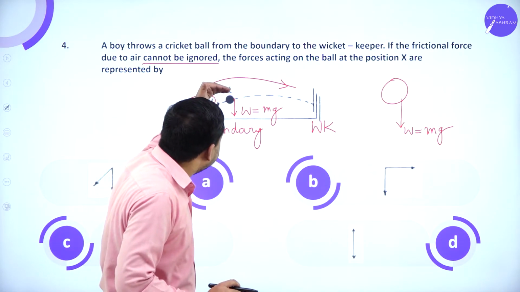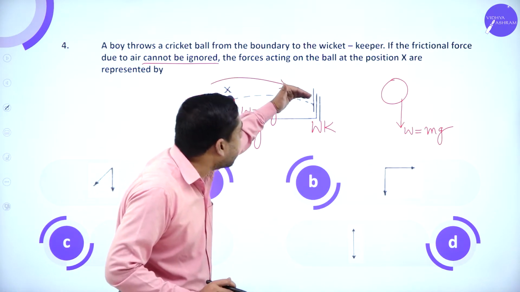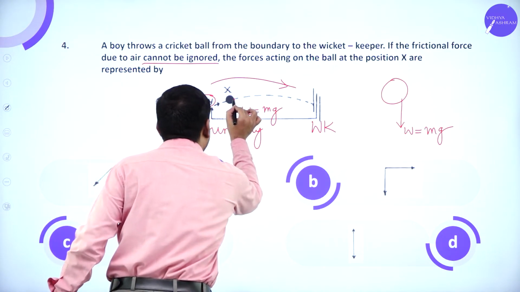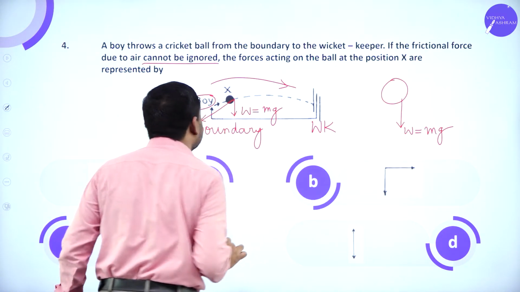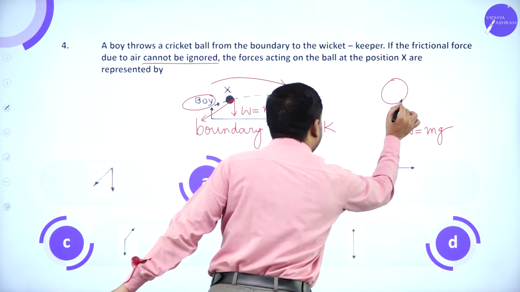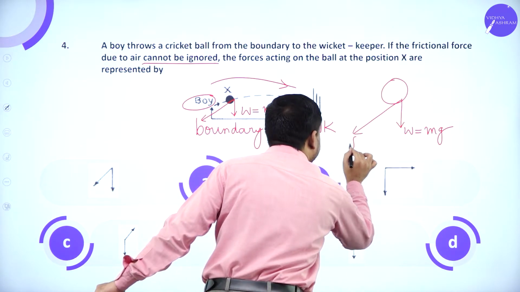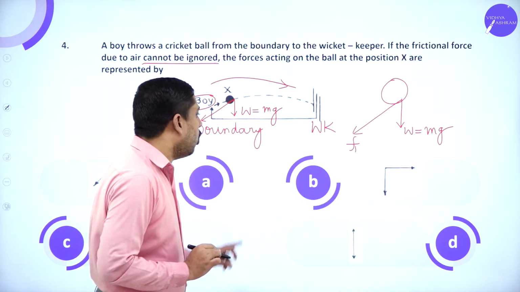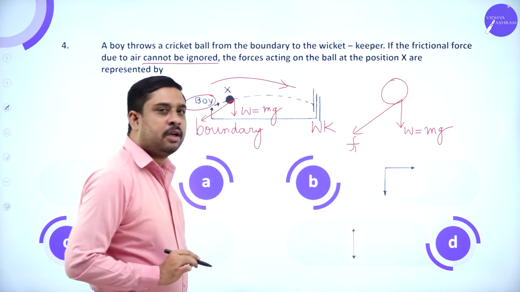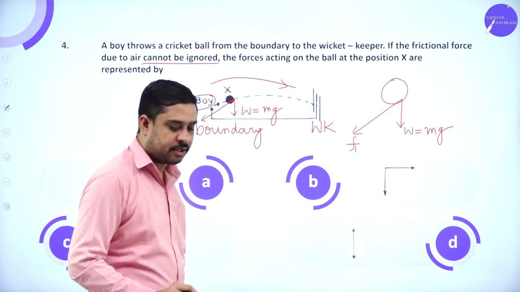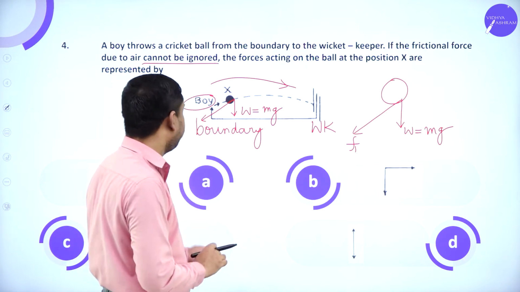The ball is flying in this direction. Friction of air is there. It will oppose the motion in the opposite direction. So, this is the frictional force. So, which is the correct representation? A is the correct representation.